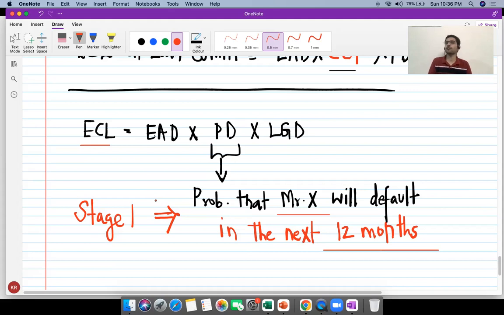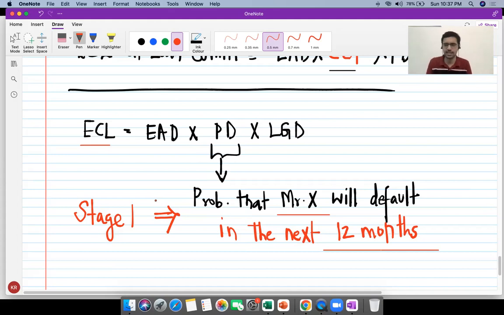Similarly, on 31st of March, let us say if the exposure still continues to be classified as a stage 1 exposure, then the probability of default will again be the probability that he will default in the next 12 months. All right. Again, therefore, I'm not penalizing myself by recognizing a massive amount of ECL, but I'm recognizing only a small amount.